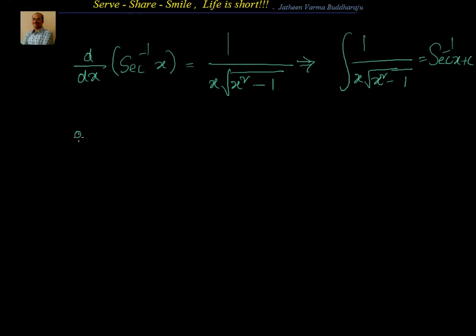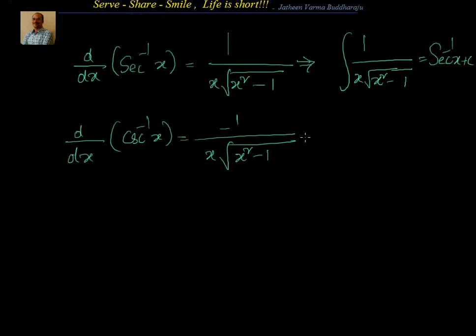Also, we know that d by dx of cosecant inverse x is equal to minus of 1 by x into root of x square minus 1. Therefore, we can also write the integral of 1 by x into root of x square minus 1 as minus of cosecant inverse x plus c.